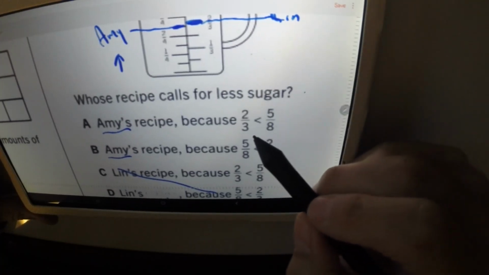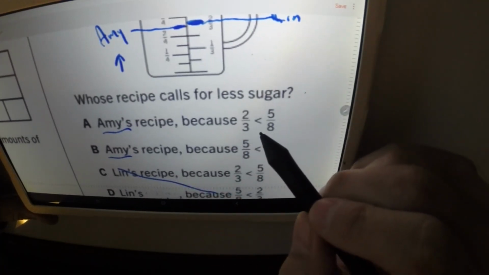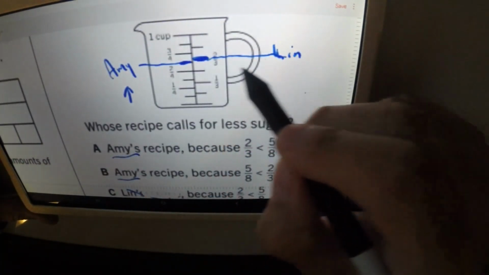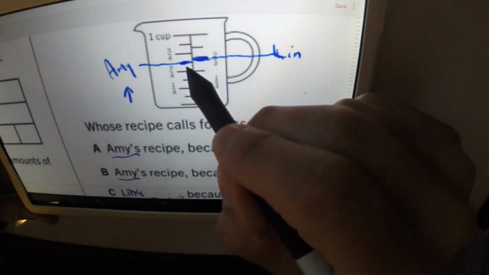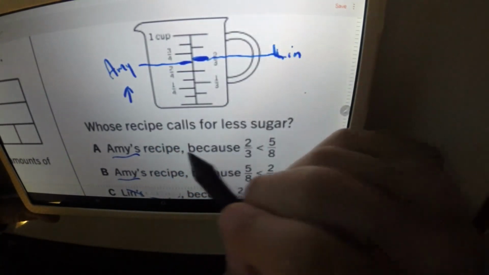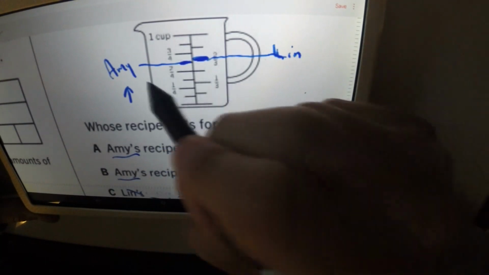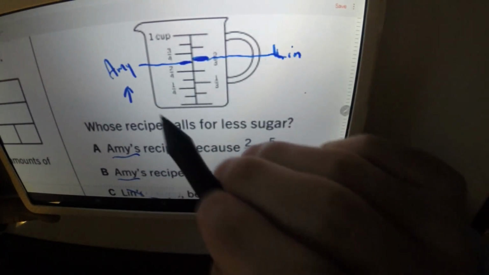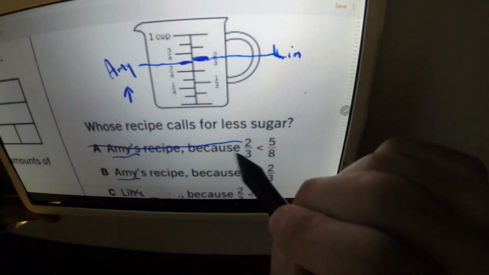So they're saying Amy's recipe because 2/3 is less than 5/8. So they're saying Amy has less sugar because Lynn's amount is less than Amy's amount. That's not true. This 5/8 is less than 2/3. So that's not the answer we're looking for. So it's not A either.